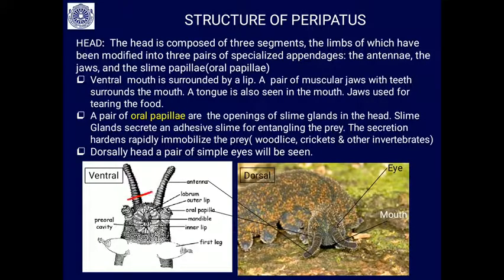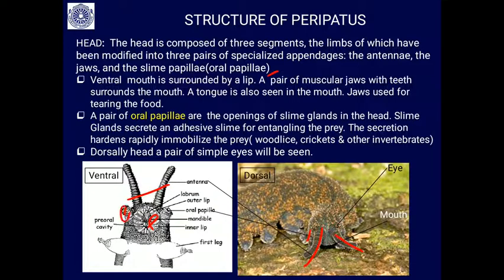Similarly, here you will find a pair of antennae, and a pair of jaws inside the mouth, which is also a modified appendage, and there is an oral papilla. It's very important. These are antennae, and this is the oral papilla here.